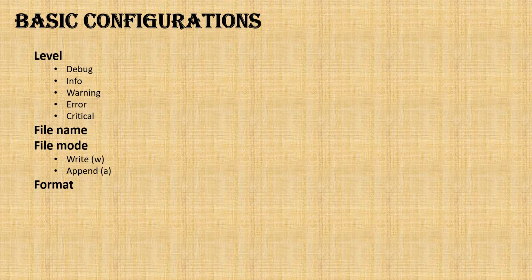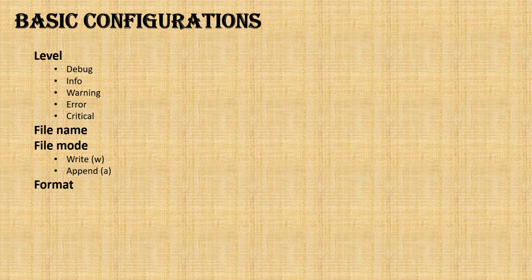There are five different levels: debug, information, warning, error, and critical. Based on this severity, the user can easily identify whether the issued message is critical or warning or information, etc.